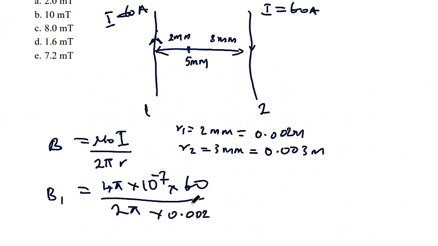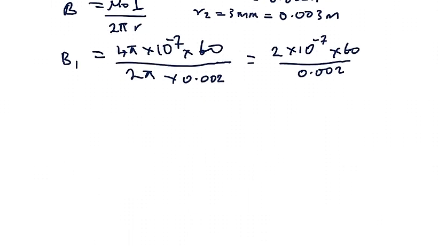So multiplying by 0.002, the pi can cancel. We'll have 2 times 10 to the power minus 7 multiplied by 60 divided by 0.002. If we simplify, 2 times 60 is 120 multiplied by 10 to the power minus 7, divided by 2 times 10 to the power minus 3.